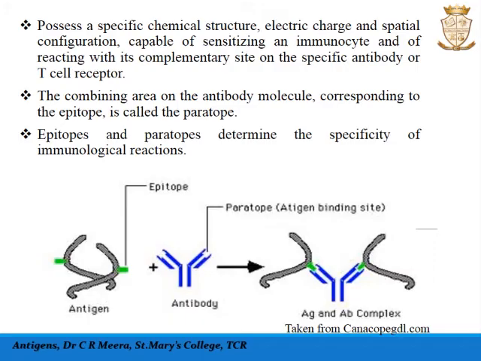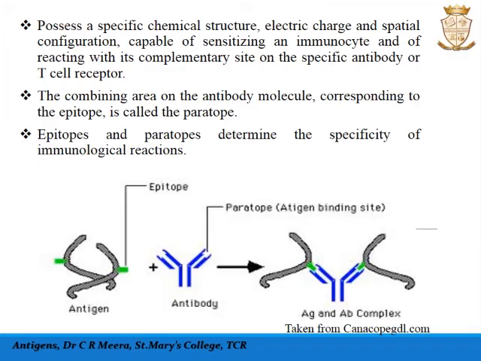That specific region on the antibody corresponding to epitope is called the paratope. The diagram given here shows the epitope and paratope regions of antigen and antibody and their binding. Thus, epitopes and paratopes of the antigen and antibody are the regions that actually determine the specificity of immunological reactions.